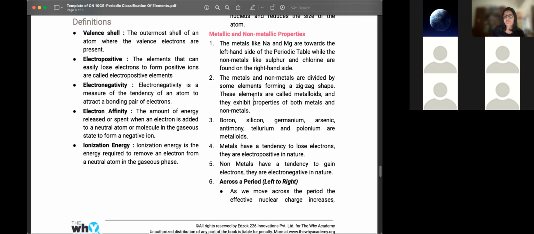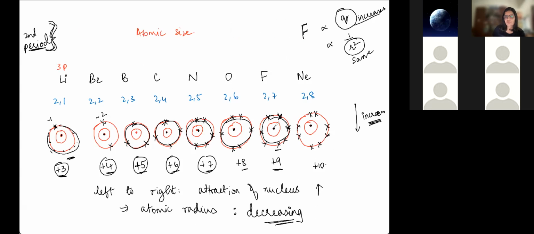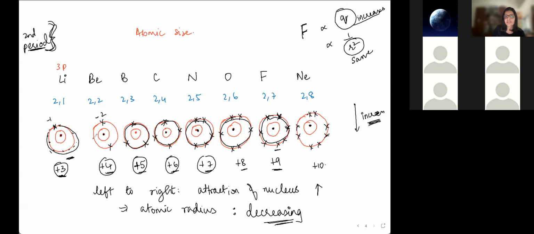Left to right, the force of attraction is increasing. So fluorine holds on to its electrons with more force than lithium does. So in which case will it be easy to remove an electron? Lithium. Lithium, right? So metallic nature decreases from left to right, increases from top to bottom.